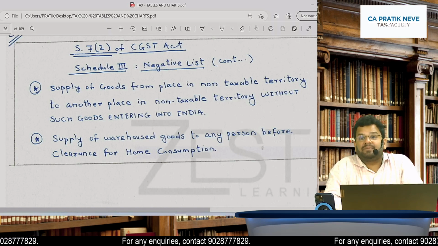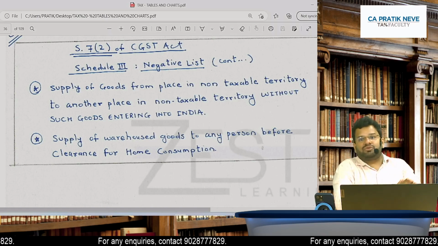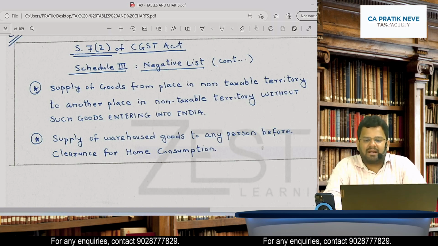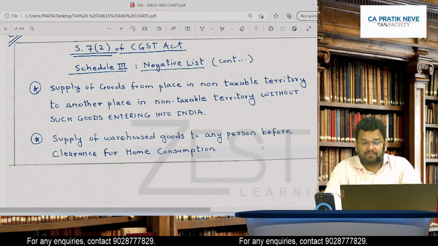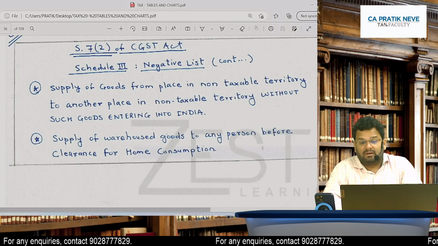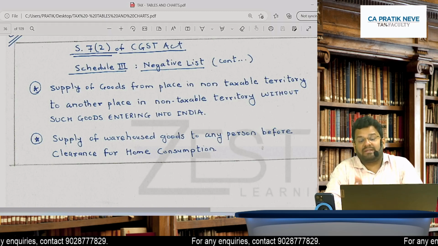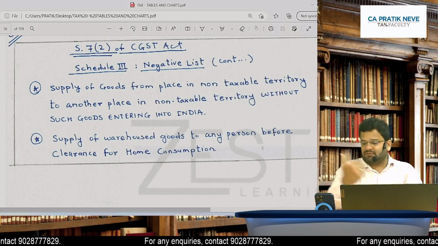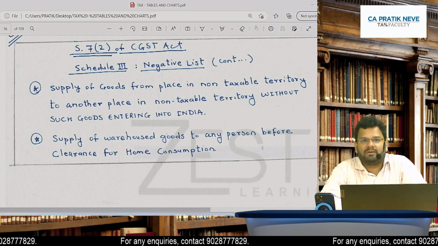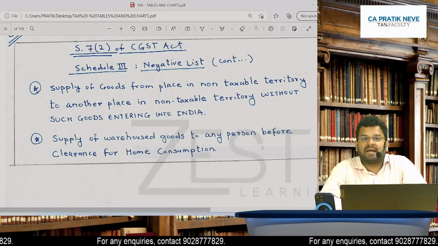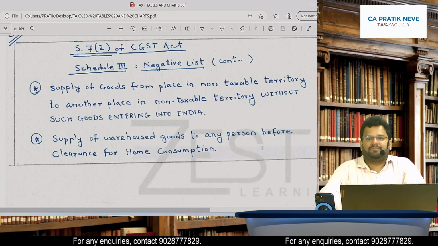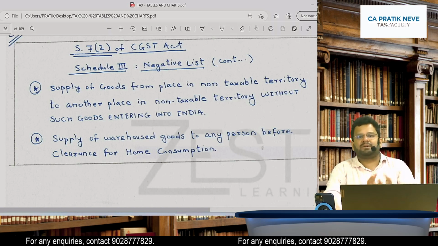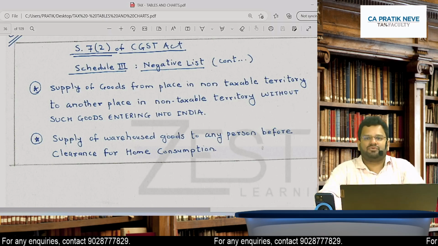And finally, there are warehoused goods, means in a customs warehouse you have kept the goods, and there is supply of warehoused goods to any person before clearance for home consumption. So they are directly sold outside India. They are never brought into India for home consumption. They were kept in the customs warehouse.